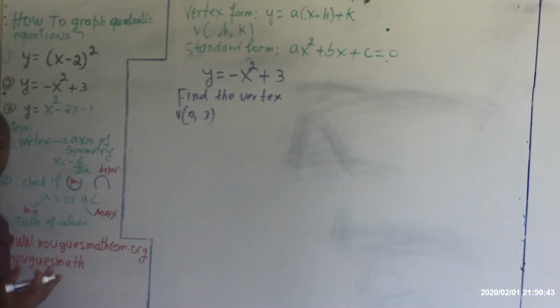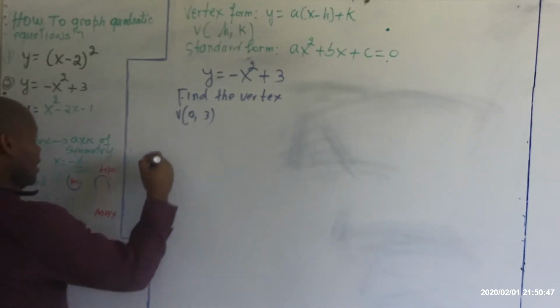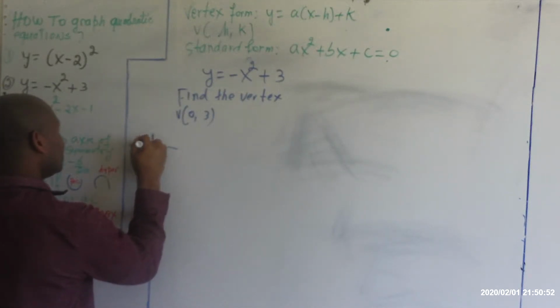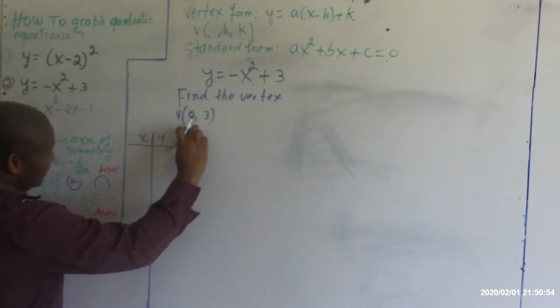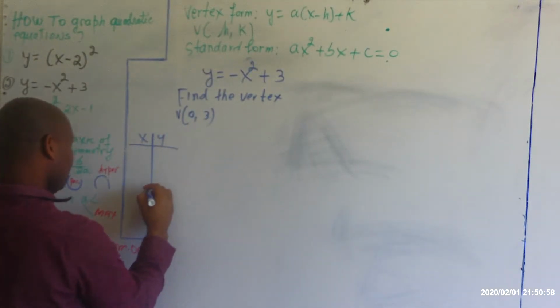As I told you, we need more points to graph it. Let's have more points. So X, Y. Let's place 0, 3 as the first point I have.